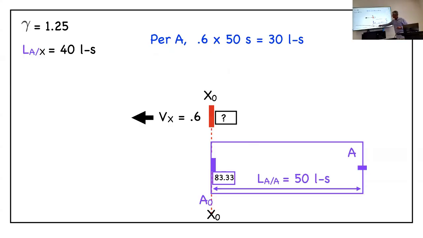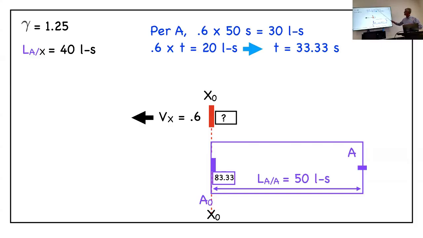So A naught started over here, and by the time the purple light hit the sensor, it had traveled another 30 light seconds, which meant it had 20 light seconds left to get to X naught. 0.6 times T should equal 20 light seconds. Well, in that case, T would be 33.33.